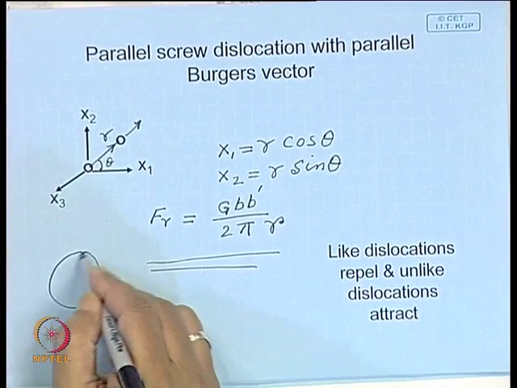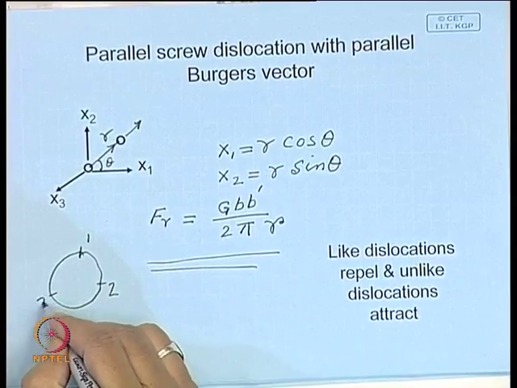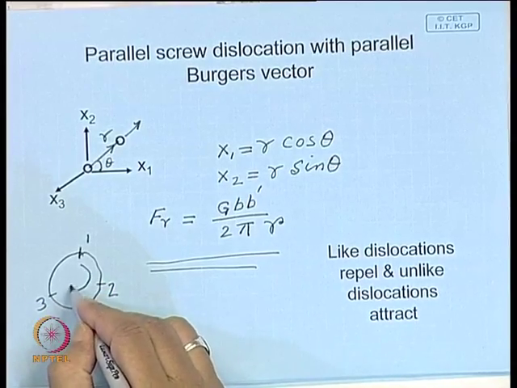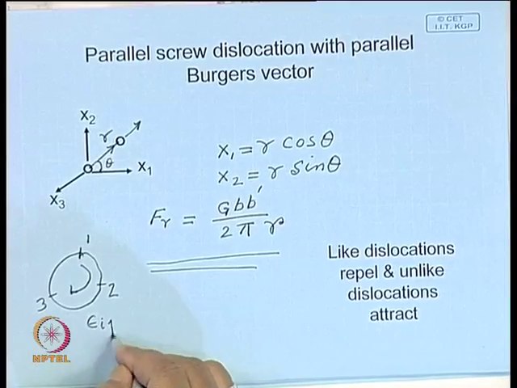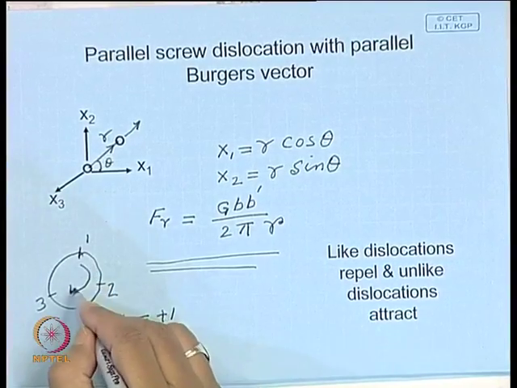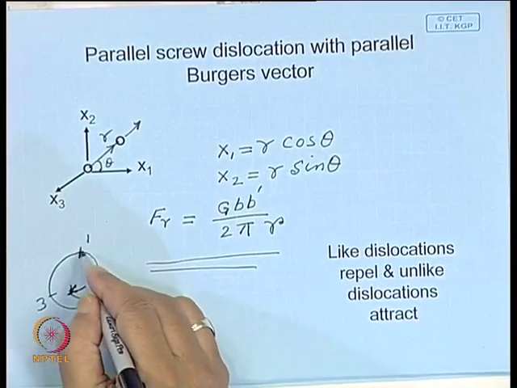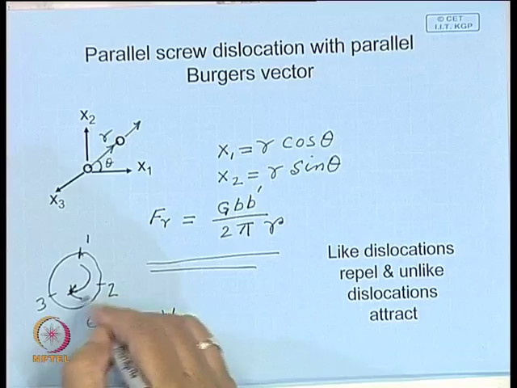We said that epsilon I j k is plus 1 if these suffixes I j k are in the clockwise sequence 1 2 3.